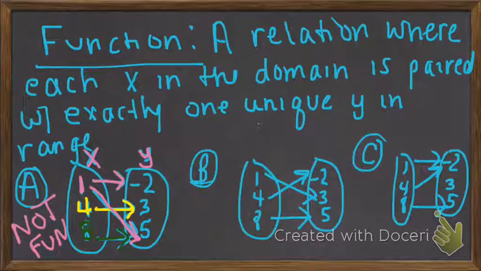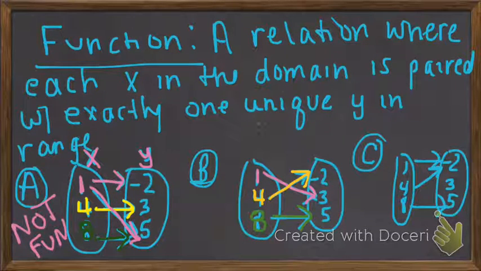All right, let's look at letter B. This time 1 is paired with a 3, 4 is paired with 4, and then 8.